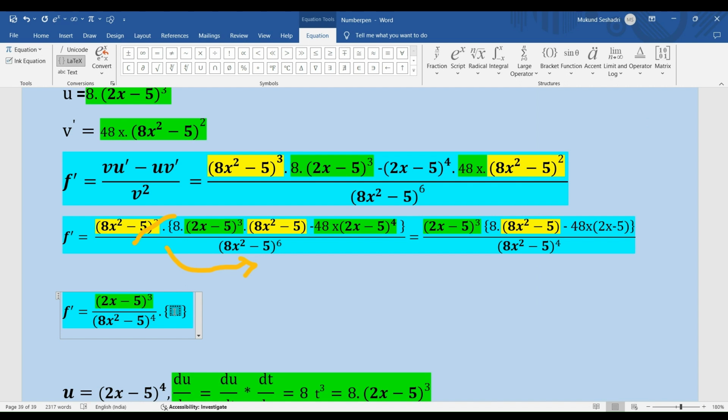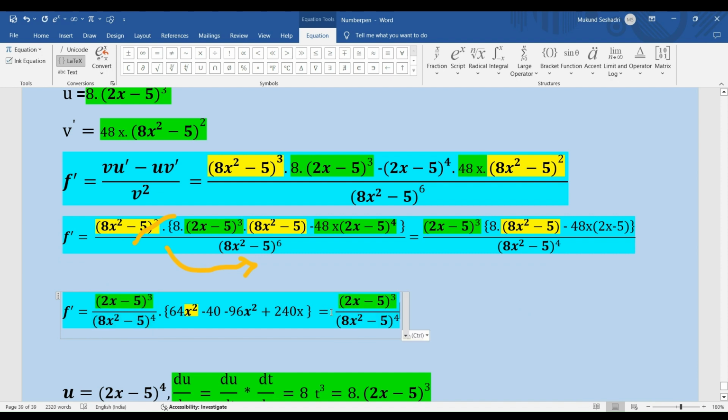So let's see what we get. We have 8 into (8x² − 5), which is nothing but my 64x² − 40. I hope you folks are following me. And then I have a minus 48x into 2x, which is minus 96x², right? And then I have a plus 240x, right? That's what I have inside my expression. So let me write it out again. I think I can do a simplification with respect to x², right?